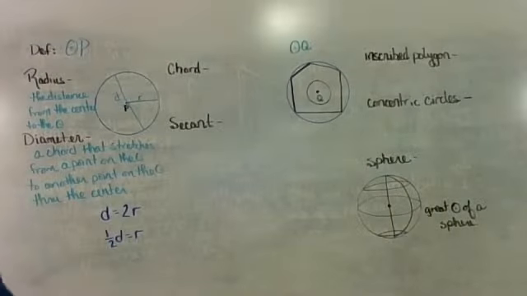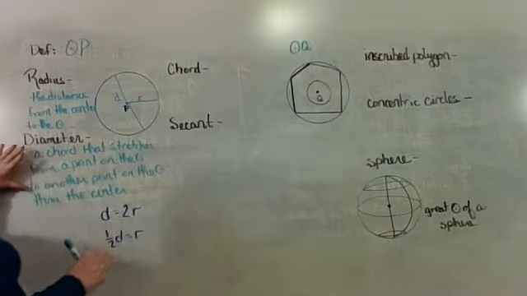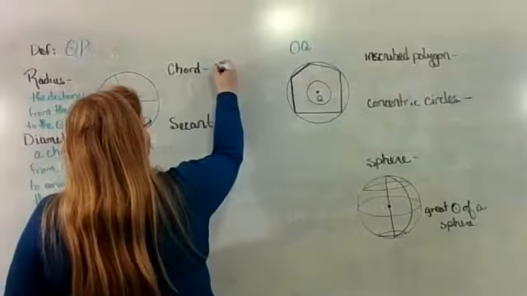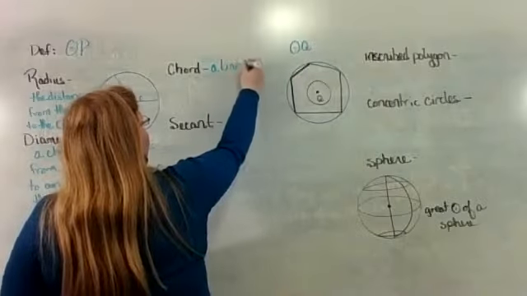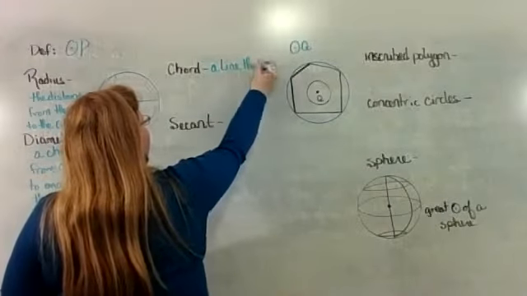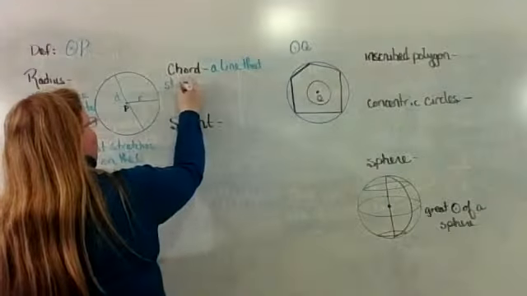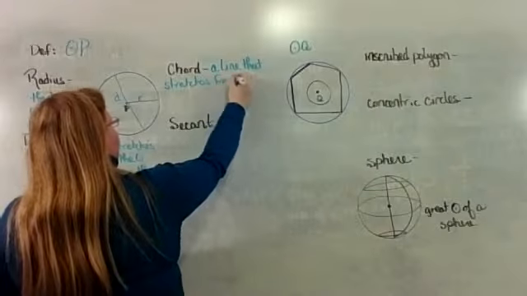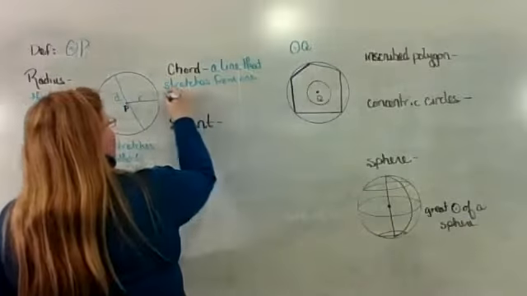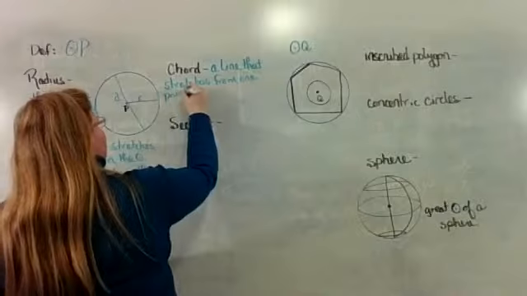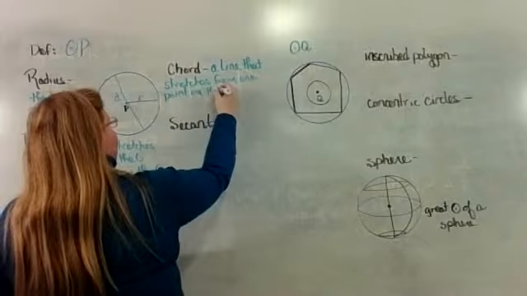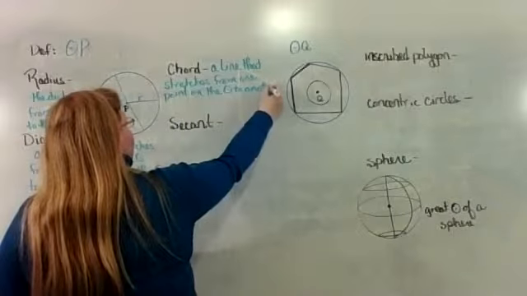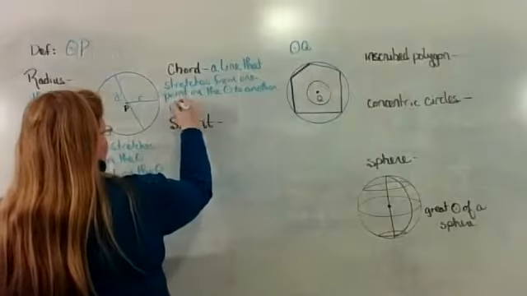Let's talk about chords. A chord is just the first part of this. It's the line that stretches from one point on the circle to another point on the circle.